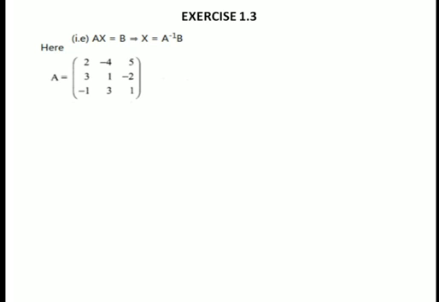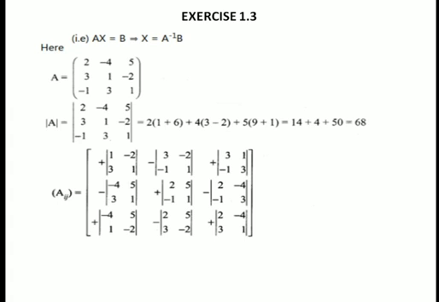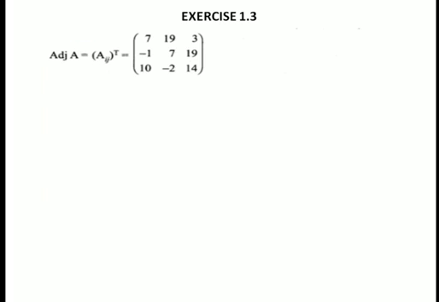Then the modulus of A equal to 68. Then you find the cofactors Aij of each row and column, and simplify it. You get the answer 7, minus 1, 10, 19, 7, minus 2, 3, 19, 14. Adjoint of A equal to the transpose of Aij.